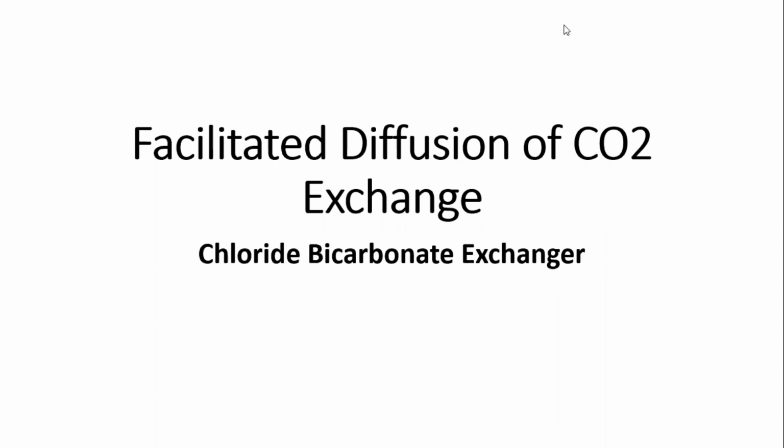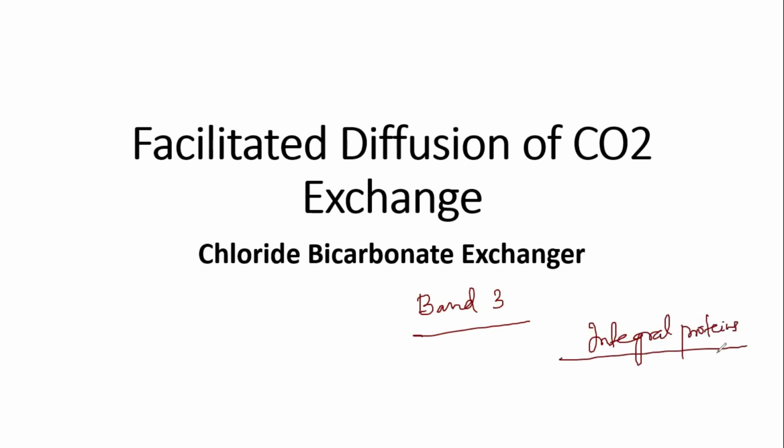Now guys, if you remember in the previous lectures, in the starting of the cell biology, I mentioned band 3. Do you remember band 3 proteins when we were discussing the integral proteins present in the plasma membranes? One very important one is band 3.